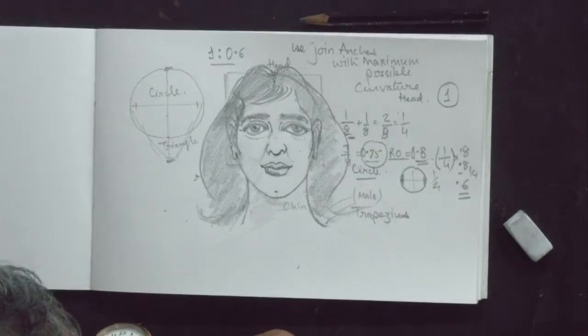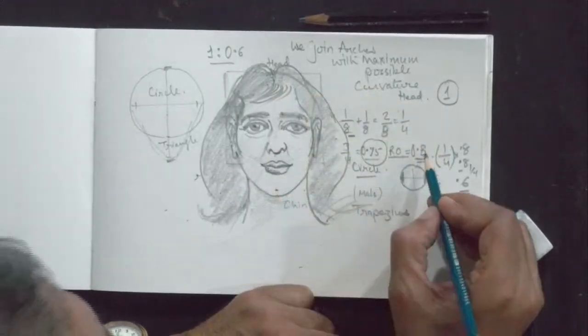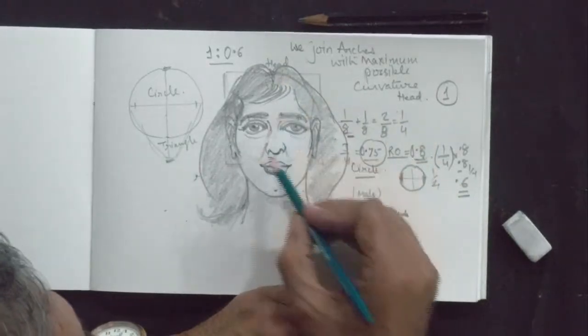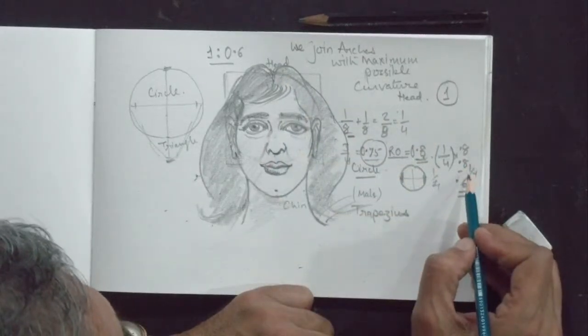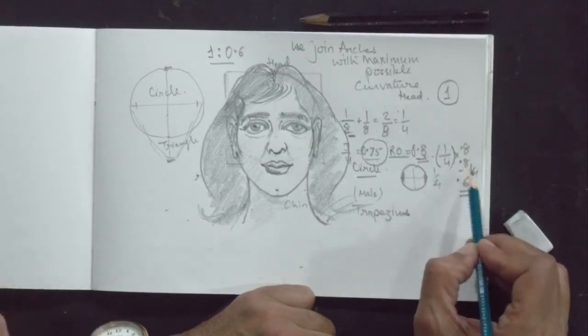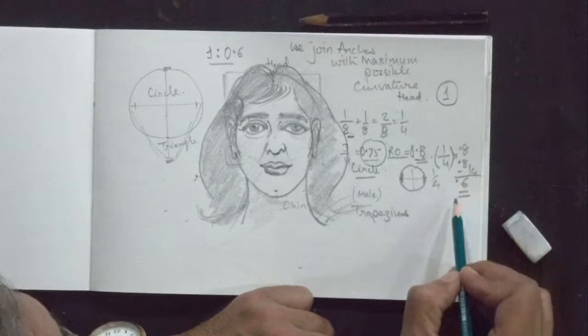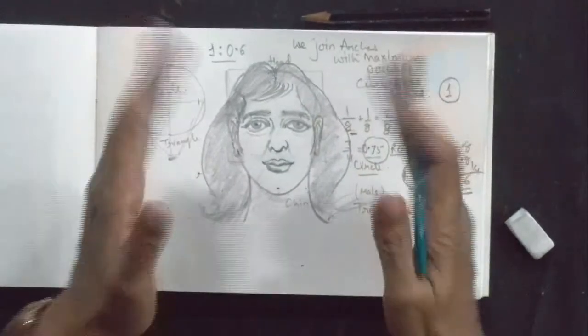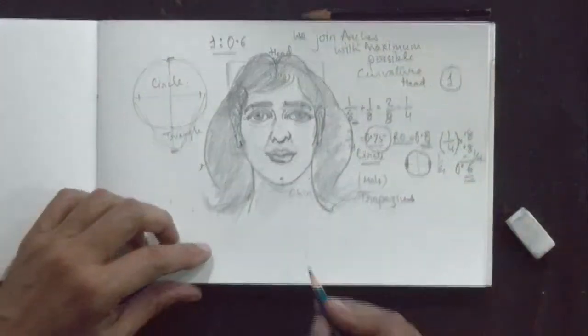0.6. So we already had the circle of 0.8 size of the total head, and then we have chipped off 0.2 out of 0.8. That makes it 0.6 as the width of the total head size.